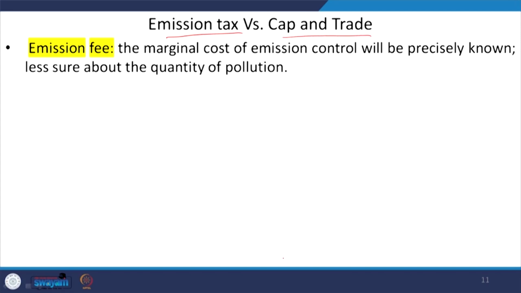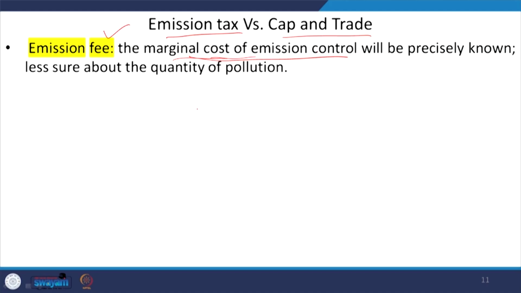So, now let us understand the difference between the emission tax and cap and trade. In our earlier discussions we have understood what the emission fee or emission tax is. In case of the emission tax, you can just remember the case of the emission fee. Under this emission fee, the marginal cost of emission control can be known precisely. Why? Because when you are paying the fee, obviously the cost of controlling the emission is known, right.